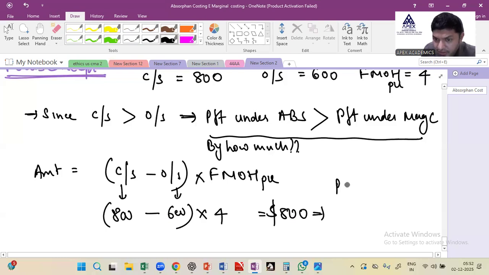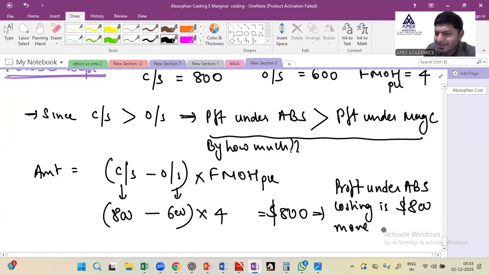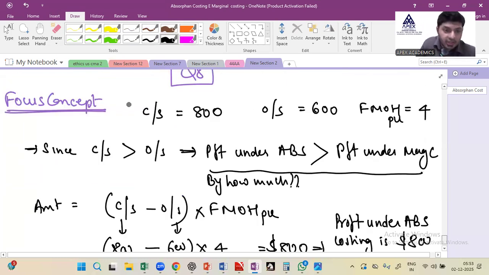The profit under absorption costing is $800 more than direct costing, also known as marginal costing. This is the first item that you learned over here. Let us call this case A.